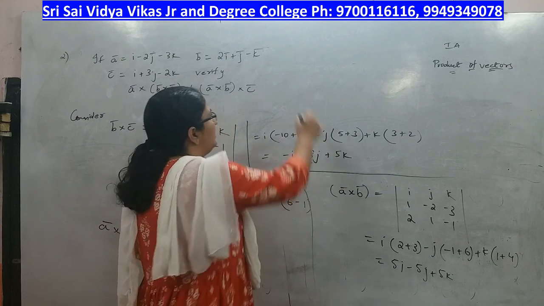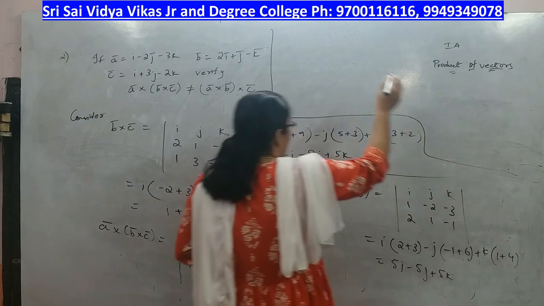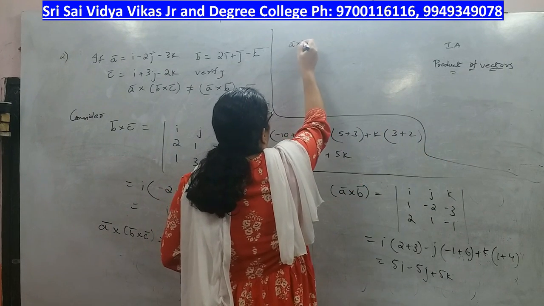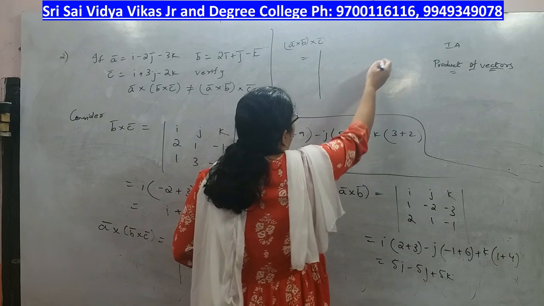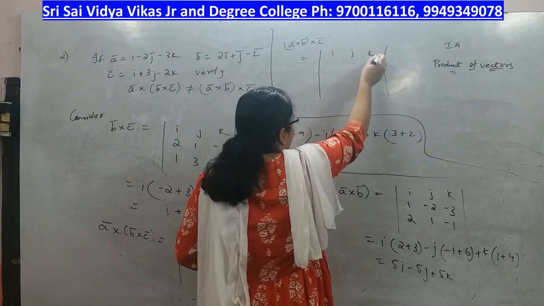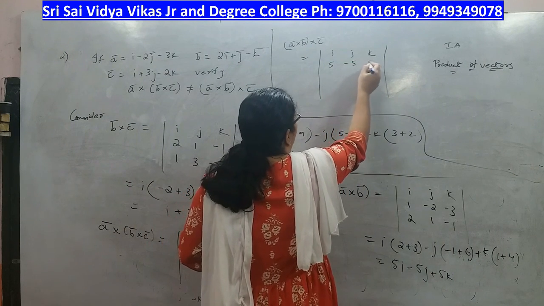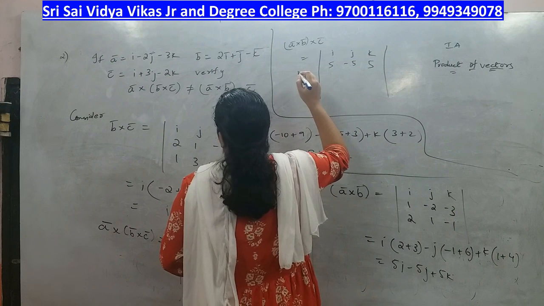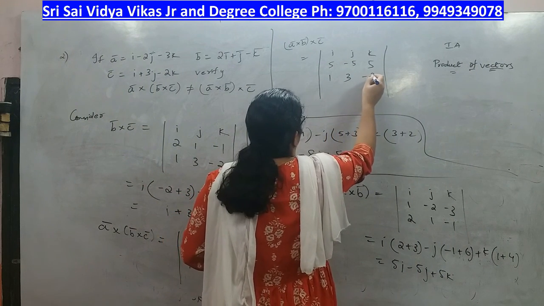Next we have to find (a bar cross b bar) cross c bar, that is equal to the determinant with rows i j k, 5 minus 5 5, cross c bar: 1 3 minus 2.